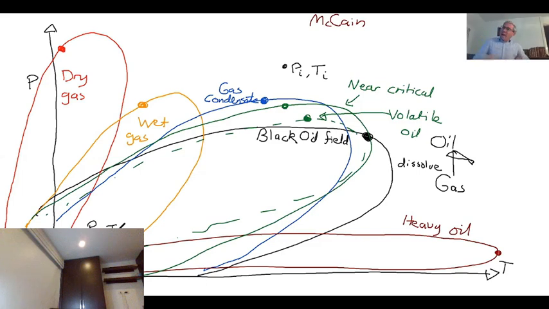So when we talk about a black oil field, which is the thermodynamic description that we apply to the vast majority of hydrocarbons, what we're doing is simplifying the thermodynamic description, and that's what it means. So in fact, black oil is a technical description, not a description of the color.